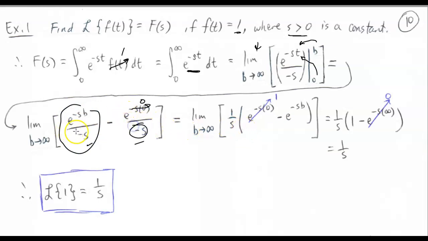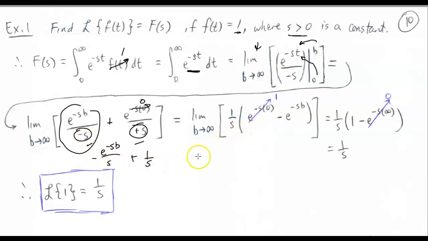Notice that both denominators have a minus s in them, so what we're going to do is note that this subtraction and that negative will end up creating a positive value there. And so we can switch this around. This will look more like 1 over s like this, and this will be minus e raised to the minus sb over s.